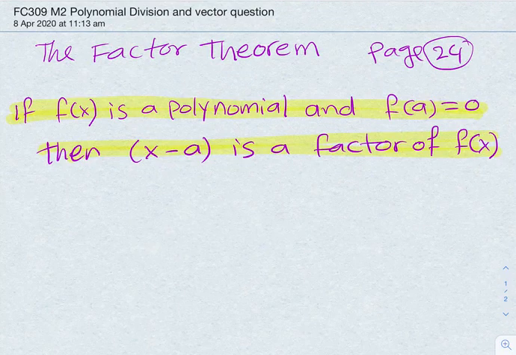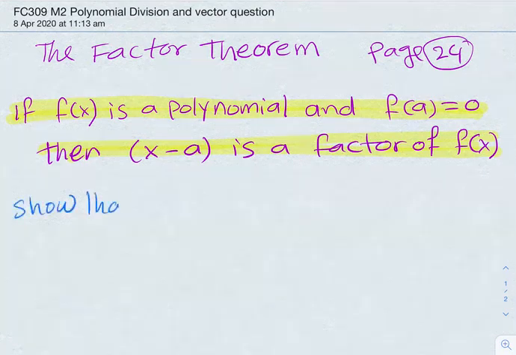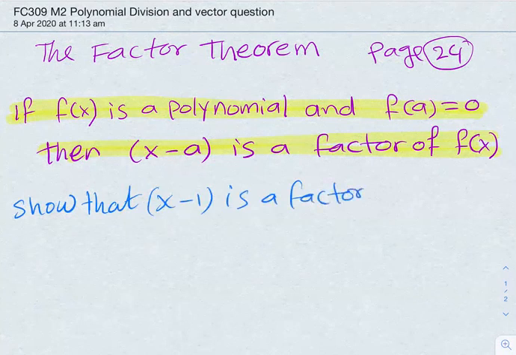Use the factor theorem to show that x minus 1 is a factor of x cubed minus x squared minus 3x plus 3.